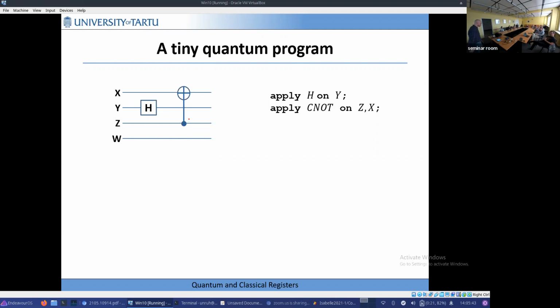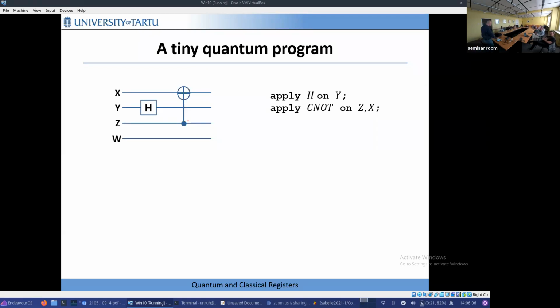If you know quantum, then on the Y wire, this happens to be the so-called Hadamard operation, and on the XZ, it is a so-called C0, only the other way around, as it's then its canonical form, because the control is the lower thing. But basically, this is a very simple quantum circuit.